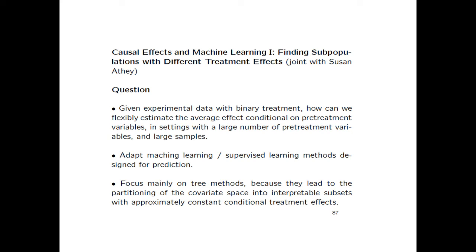Belloni, Chernozhukov, and Hansen tried to estimate the conditional expectation of y given x in the control group using machine learning methods, focusing in particular on lasso type methods. But the method I want to focus on here is a combination of direct balancing as well as regression adjustment.